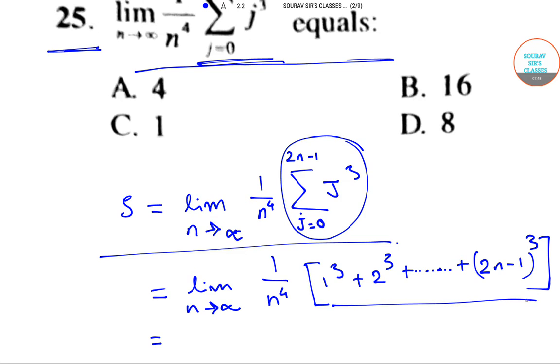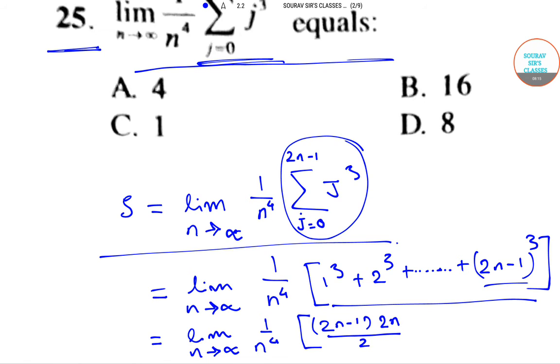From this step, in the next step we can write the limit as n tends to infinity of 1 by n to the power 4, and in the bracket we can write (2n minus 1) times 2n, divided by 2, and here the whole square.